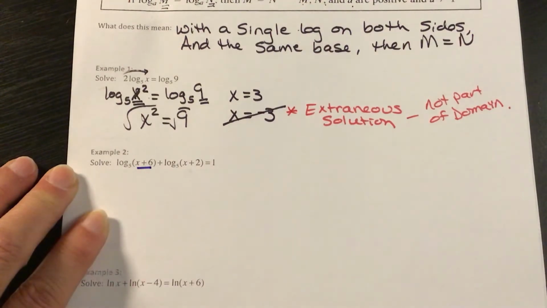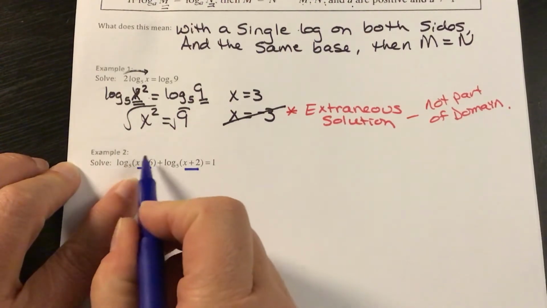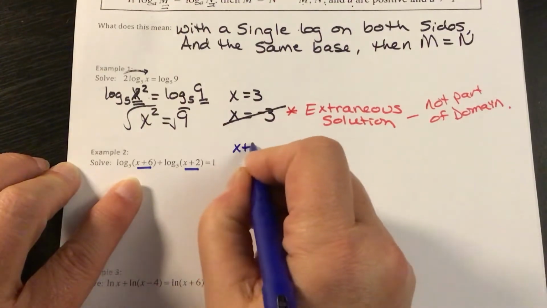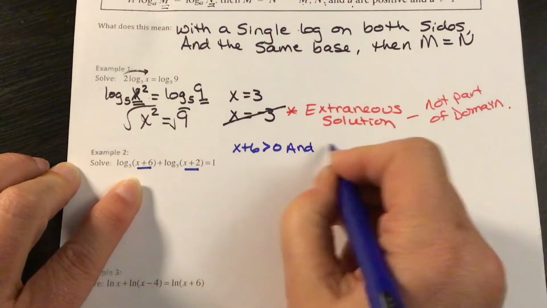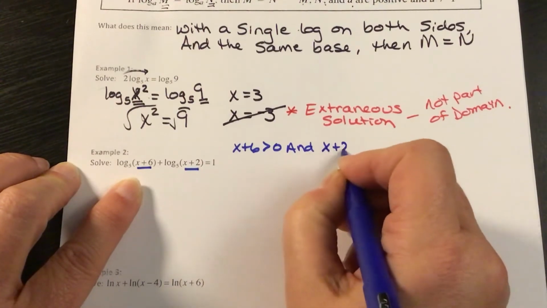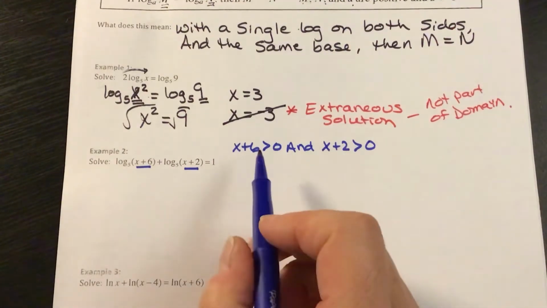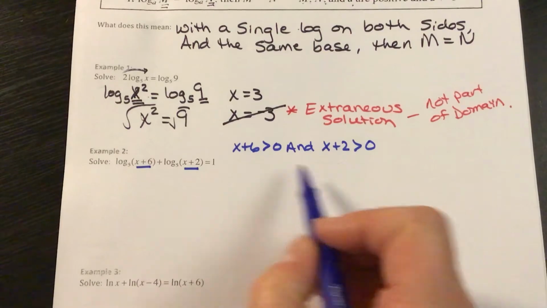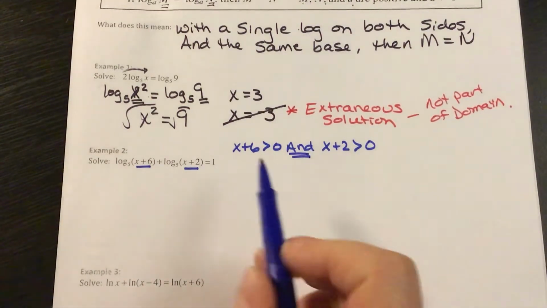In my domain, all of this has to be greater than 0. So x plus 6 has to be greater than 0, and x plus 2 also has to be greater than 0. This is a compound inequality, and I'm looking for the overlap.